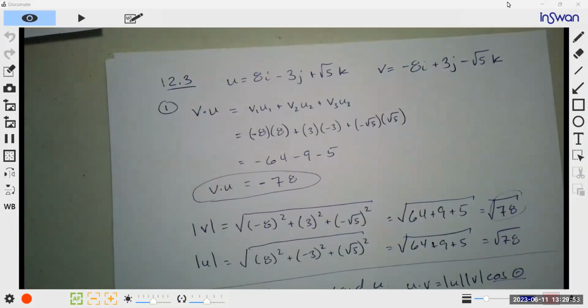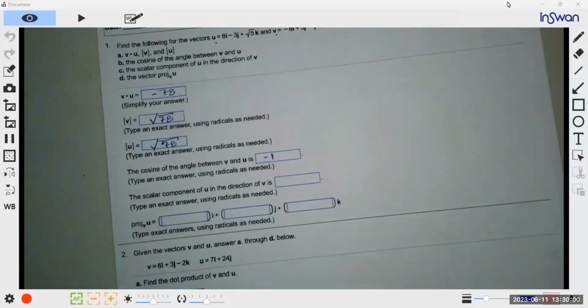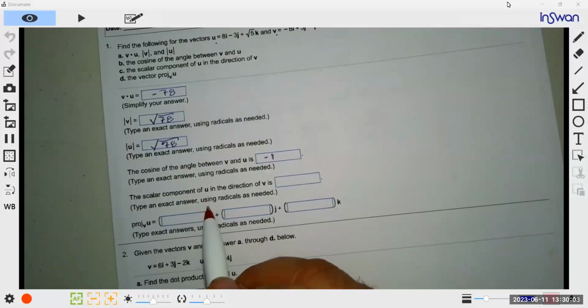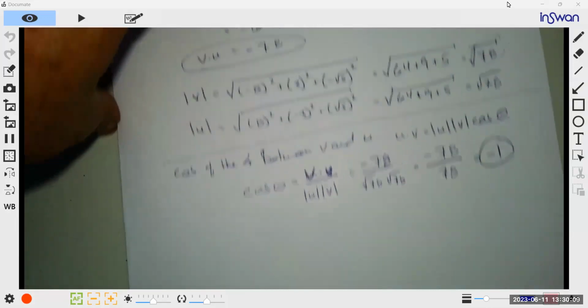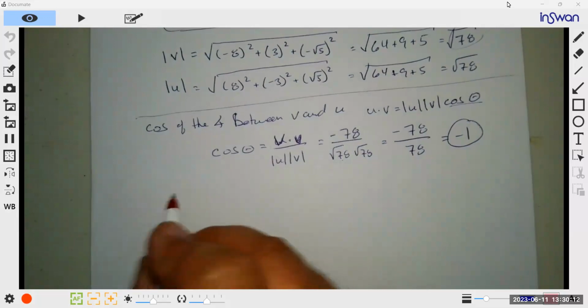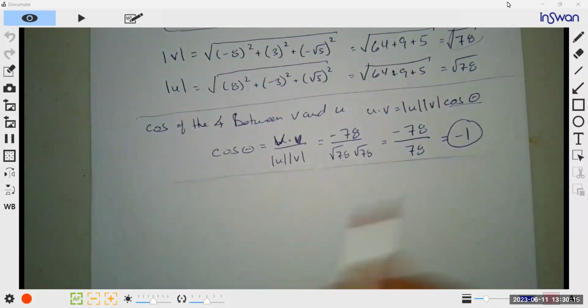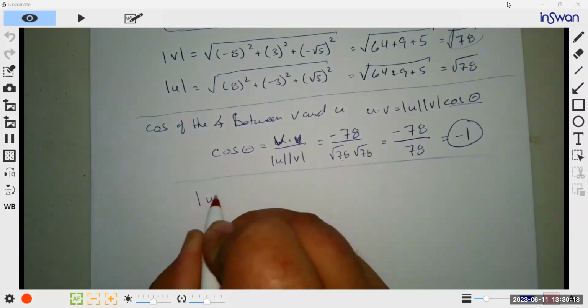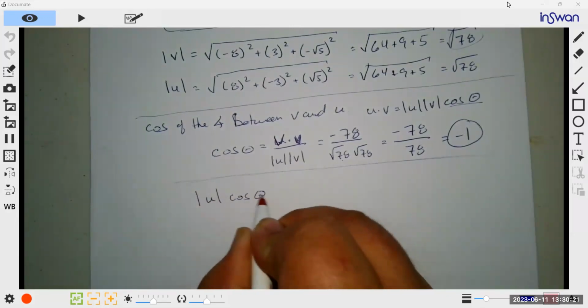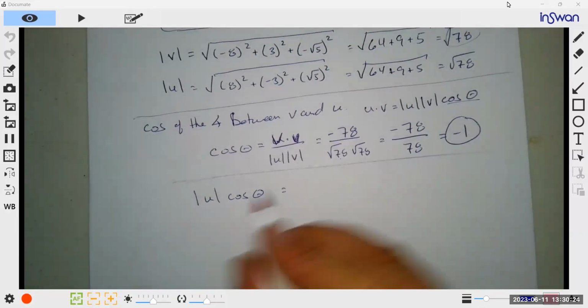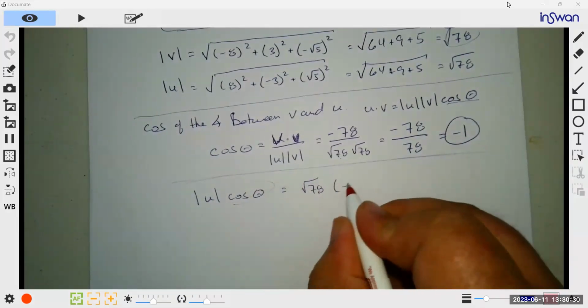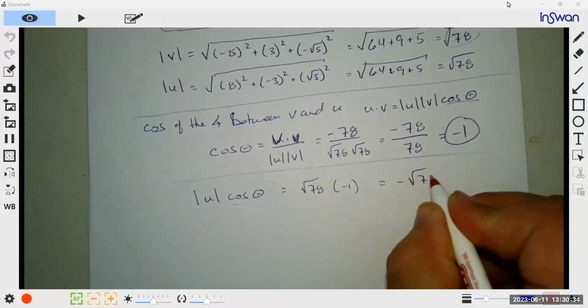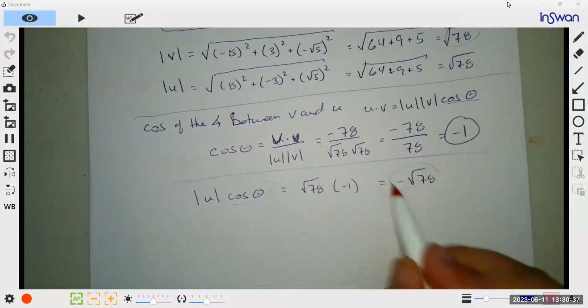The scalar component of u in the direction of v is the magnitude of u, which is radical 78, times the cosine, which is negative 1. So that's the scalar component.